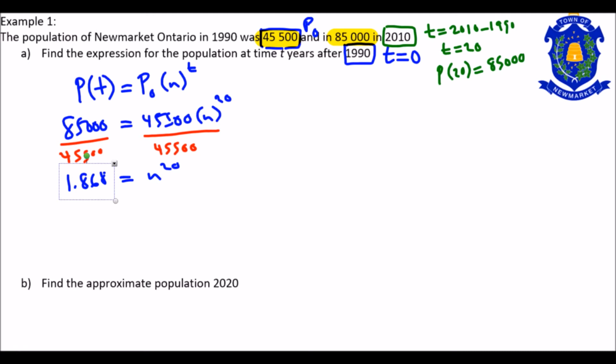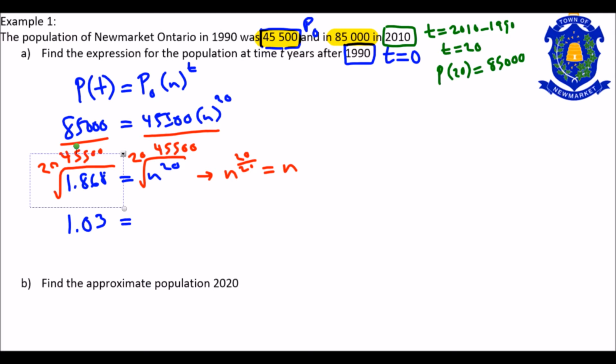Well, I am going to get rid of this exponent of 20 by taking the 20th root. Using the formula, this is really n to the exponent of 20 over 20, which is equal to just n. But what I do to one side, I have to do to the other side, so I'm going to take the 20th root here as well. So what do I have? Rounding to two decimal places, 1.03 is equal to n.